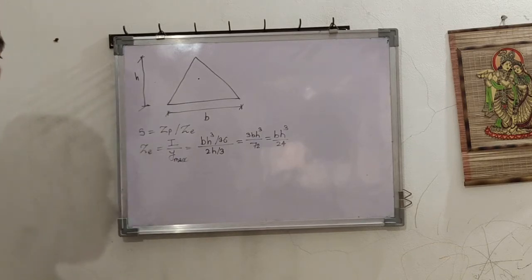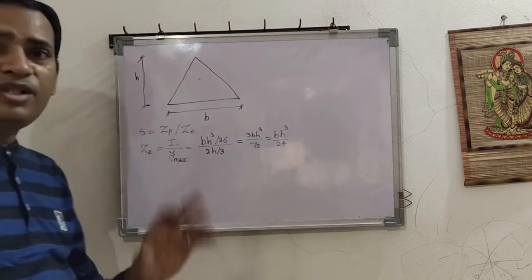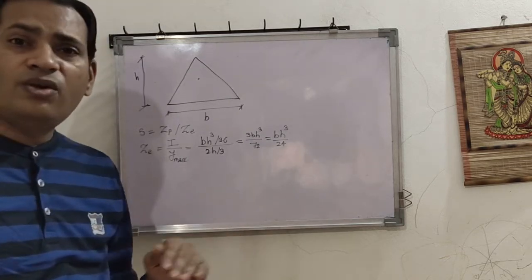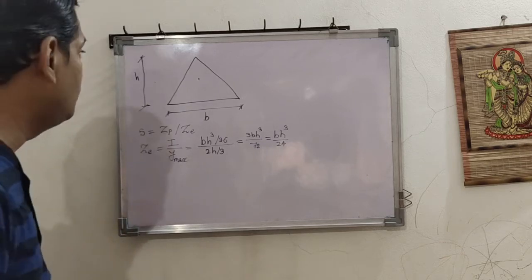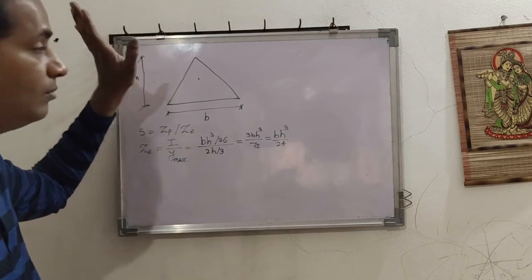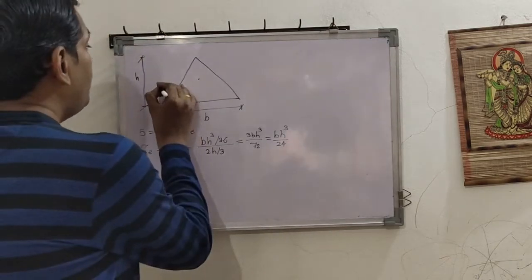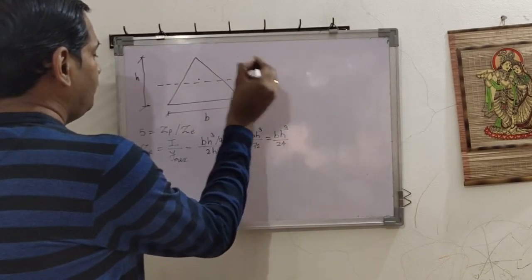Now, since the triangular cross section is not symmetric, the elastic neutral axis will not coincide with the plastic neutral axis. It will be somewhere else. It will not be at 2h by 3 from the apex. No. So we will assume some arbitrary depth of the plastic neutral axis.